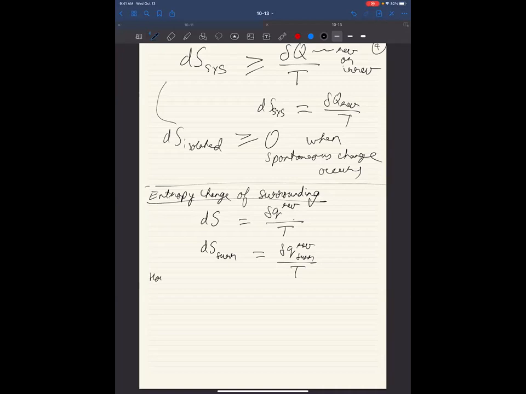However, the surrounding is a bit special compared to the system. The surrounding is either constant volume or constant pressure. In chemistry, these are typically the two situations that we care about.